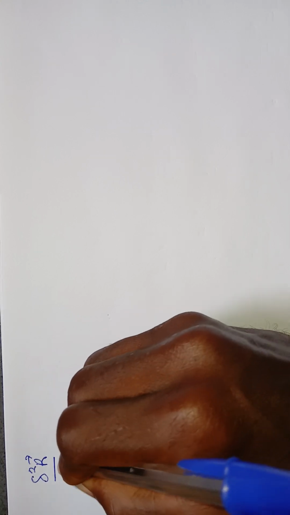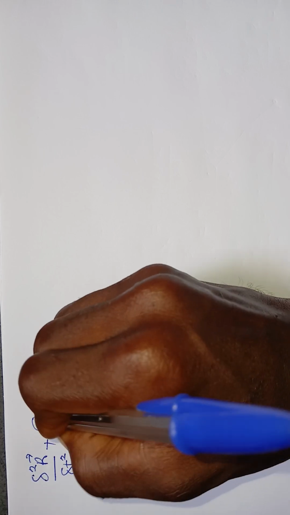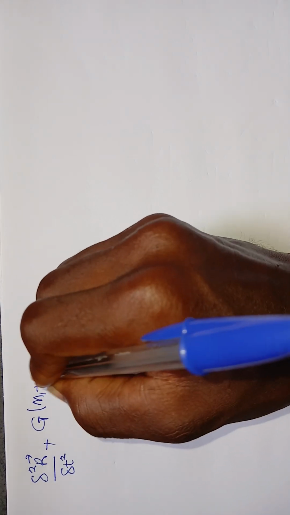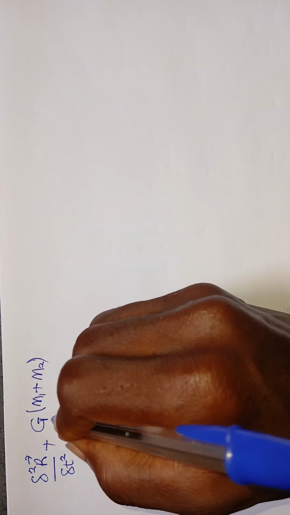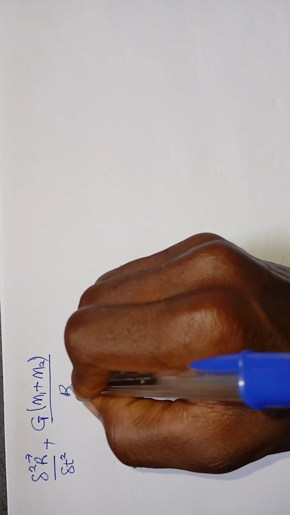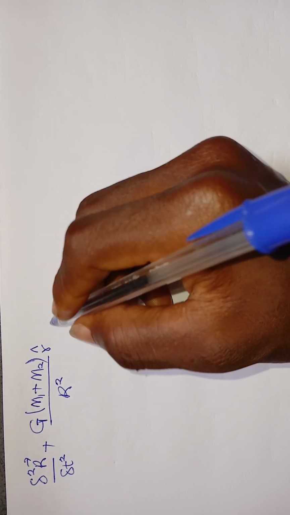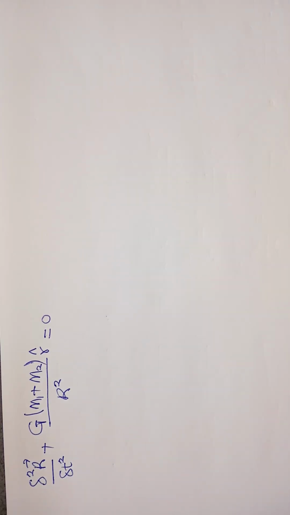So the differential equation to solve to prove Kepler's first law is that the second derivative of the position function between the two masses plus the gravitational constant times the summation of the two masses over r squared in the direction r roof is equal to 0.